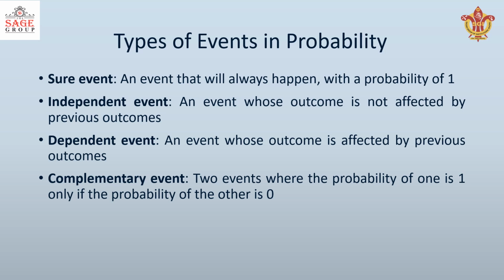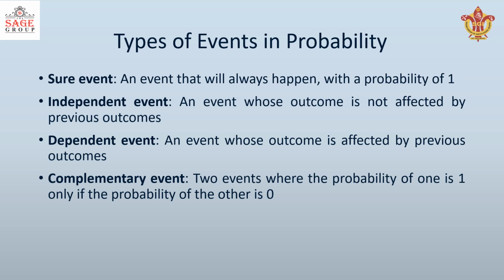Now, if I get a head in the second toss, this is independent of whether I got a head or a tail in the first toss of my coin. Hence, the coming of head was independent of any outcome which I got in the first toss.